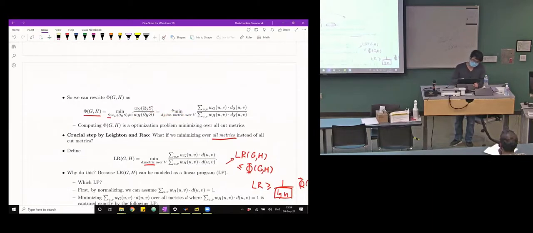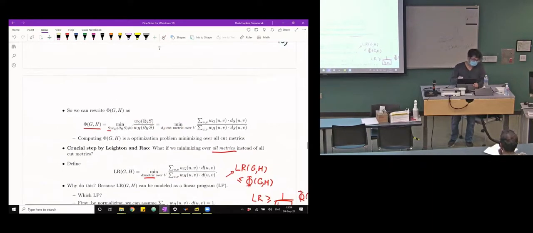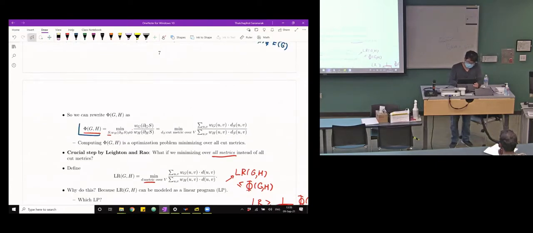Last time we saw that this H expansion of a graph G can be written as a minimization problem over all cut metrics.